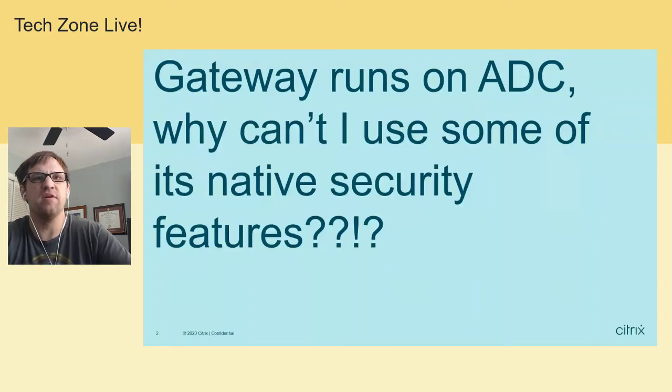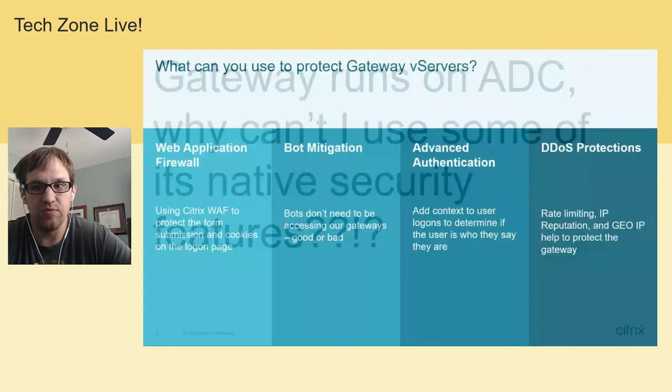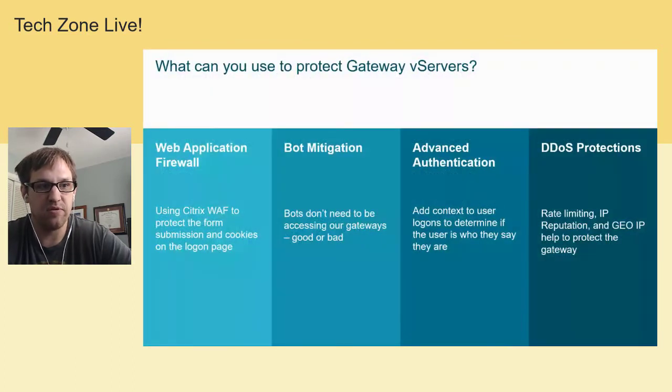It does some authentication stuff, but the way the traffic is processed on the ADC is a little bit unique, so we do have to take some things into consideration. But to your point, it is just a web application, so there's a whole host of things that we can apply to your Gateway installations to have some of the same protections that we've been used to with traditional IIS or Apache web services.